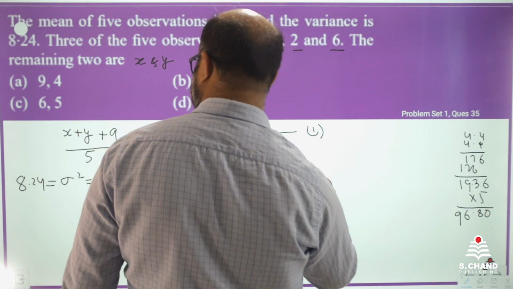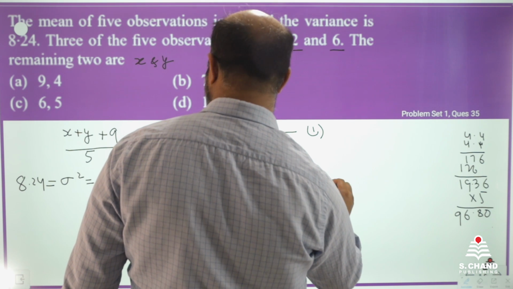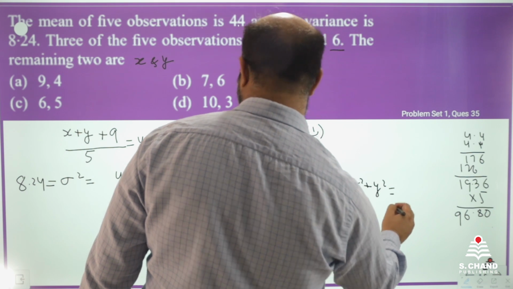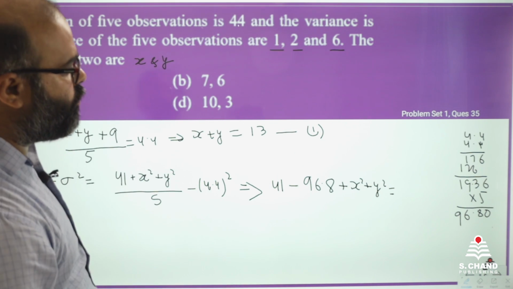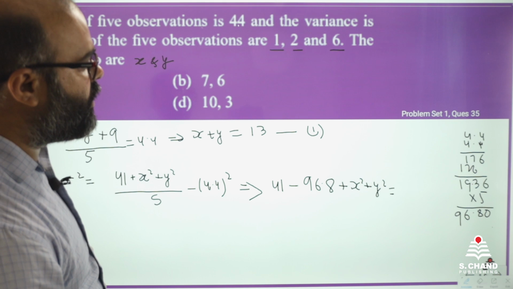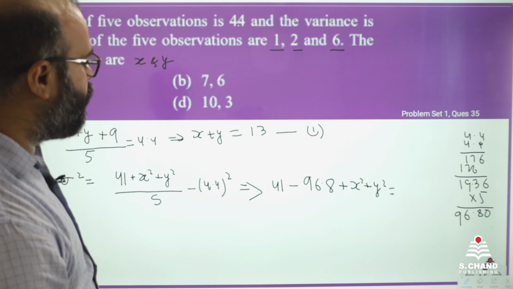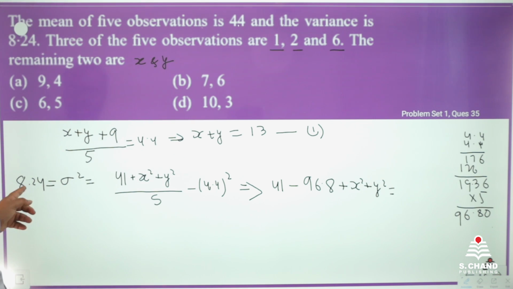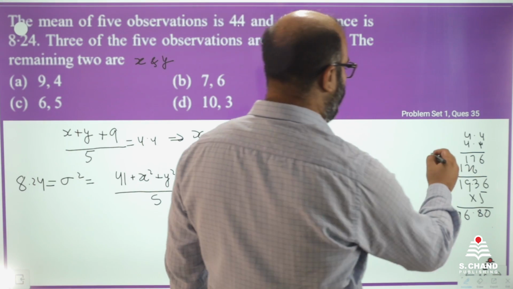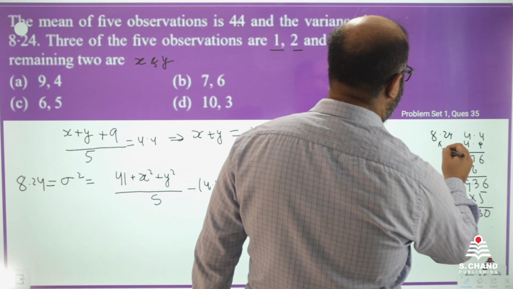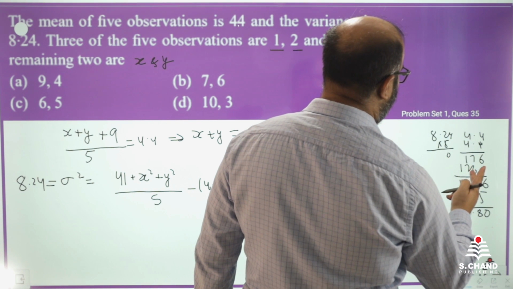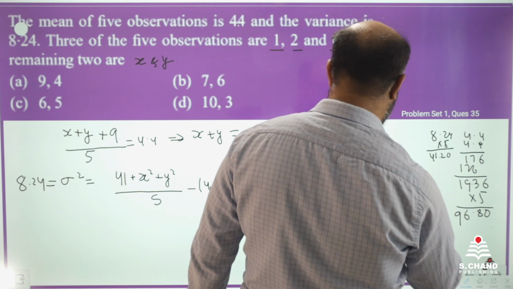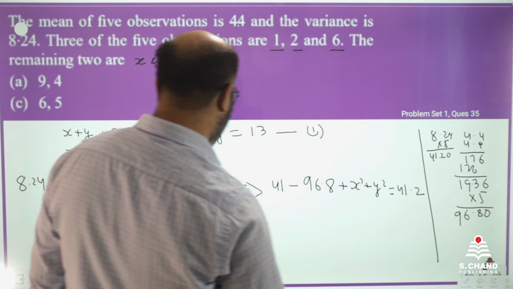So it is 96.8 plus x square plus y square. And 5 into 8.24 also you have to do. 8.24 into 5 is 41.2.